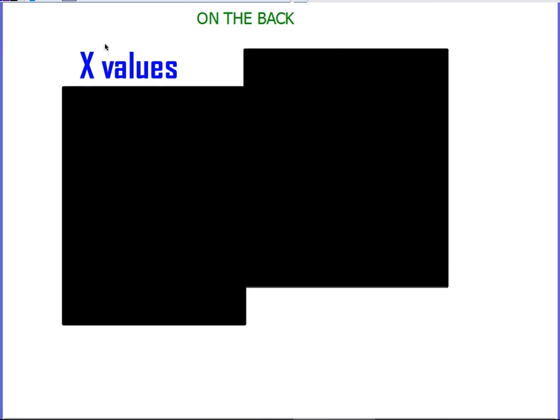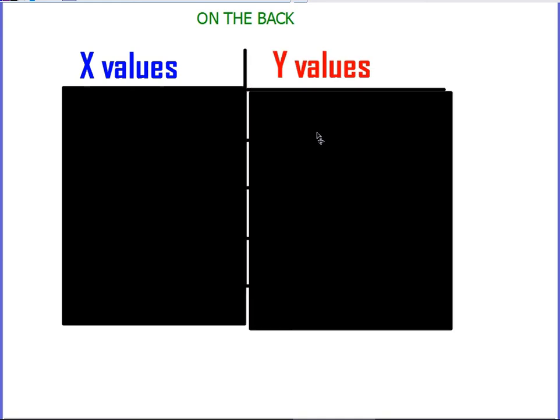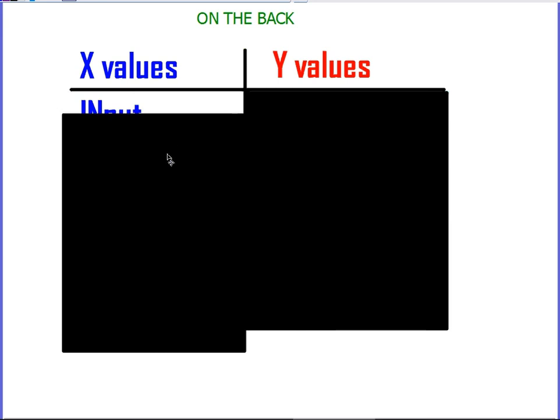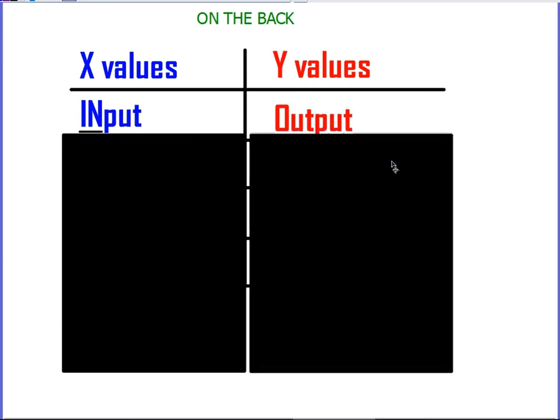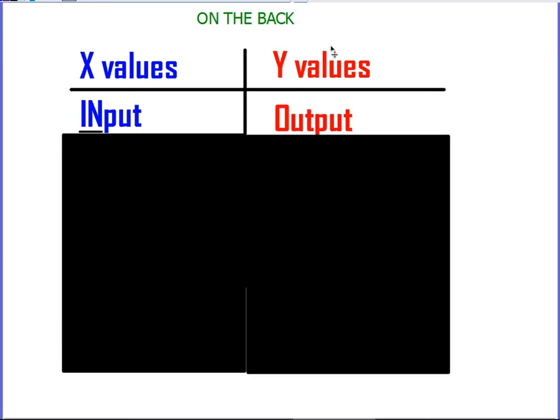So if you have your x values, you're going to have your y values, and then as you go through, you can think, okay, I have my input, I have my output, and what other options would I have? So try at this time to write in what the other lines would be.